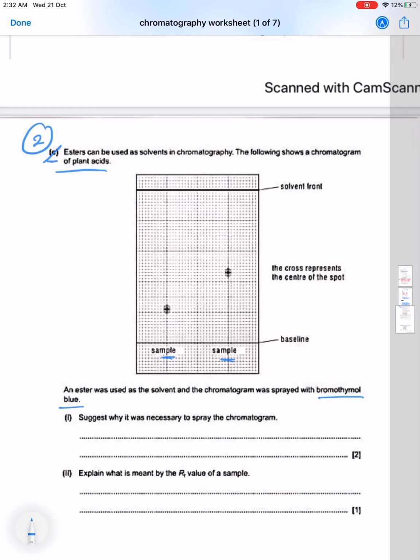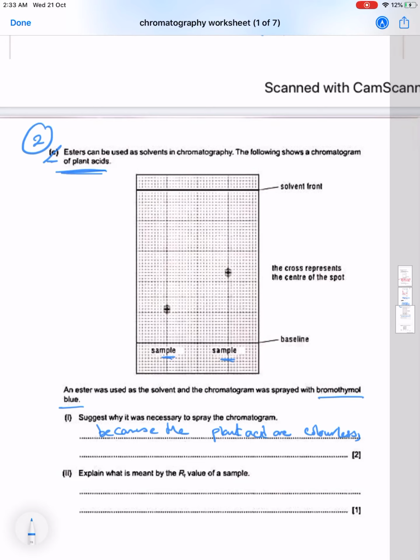So usually when we spray a chromatogram, this is because the plant acids are colorless. So I would write here: the plant acids are colorless, and we need to make them visible.